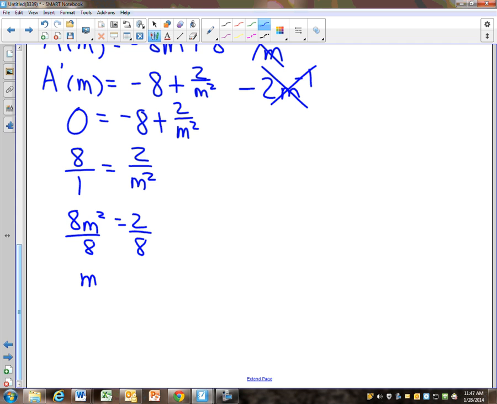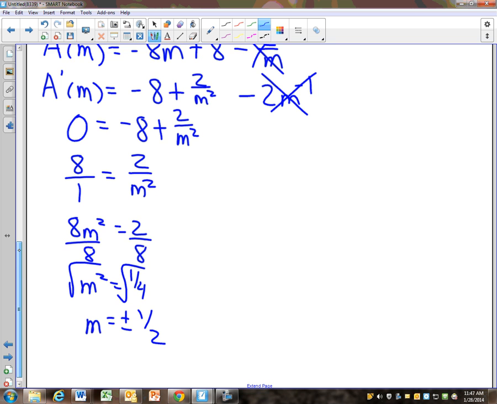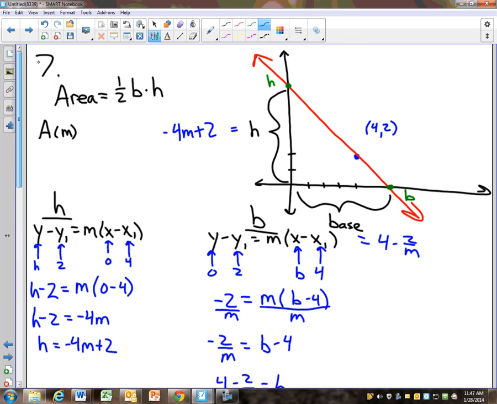Divided by 8, m squared equals 1/4. Take the square root. m equals plus or minus 1/2. Is it the positive value or the negative value? It is the negative value because it's cutting off in the first quadrant. So therefore, we know that the slope is negative 1/2.